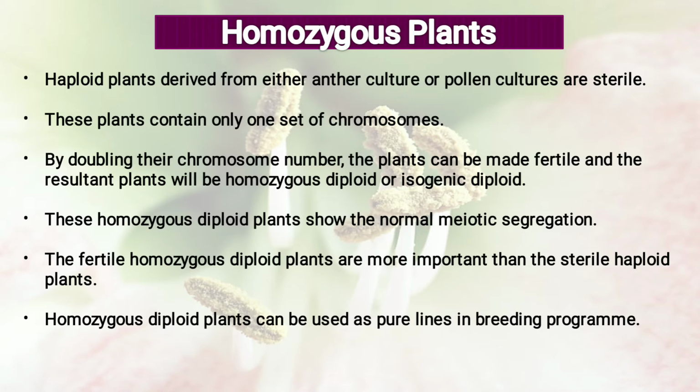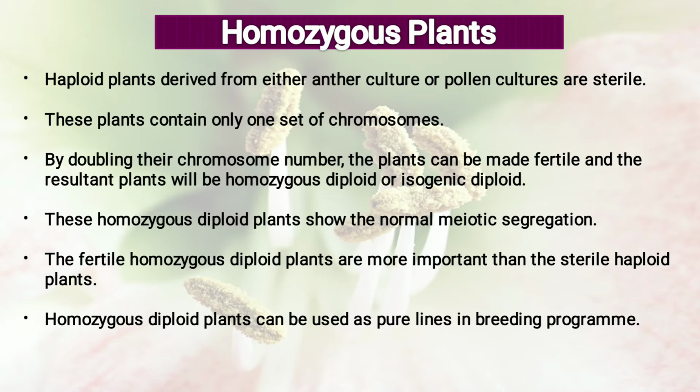Haploid plants derive from either anther culture or pollen cultures and they are sterile. These plants contain only one set of chromosomes. By doubling their chromosome numbers, the plants can be made fertile and the resultant plants will be homozygous diploid or isogenic diploid.